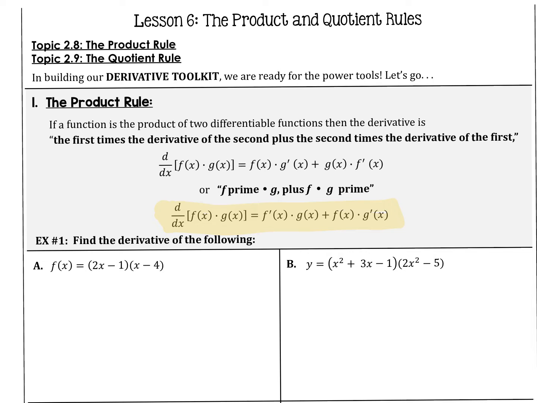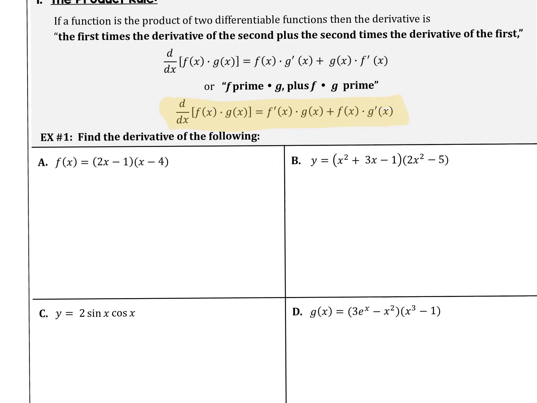So let's look at example A. We take the first part, which is just 2x minus 1, times the derivative of x minus 4, which is what? 1. And then plus the second part, which is x minus 4, times the derivative of the first part, which is 2.